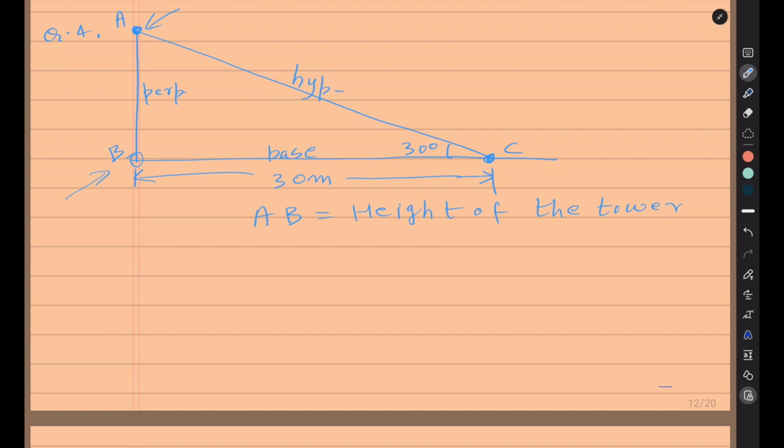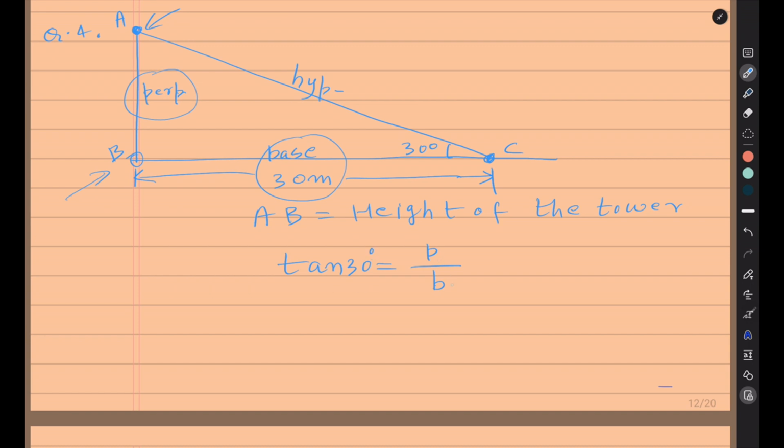So is there any trigonometrical ratio which involves base, which we already know it's given 30 meter, and then perpendicular, which is basically the height of the tower? So we are talking about P and B. So you may remember that it's tan trigonometrical ratio.